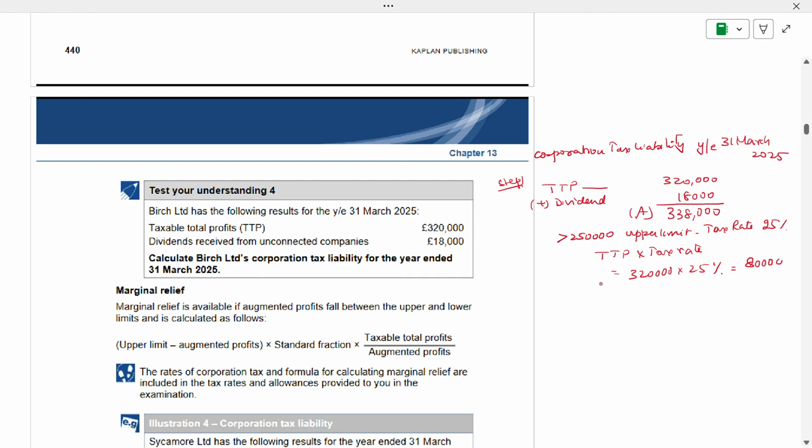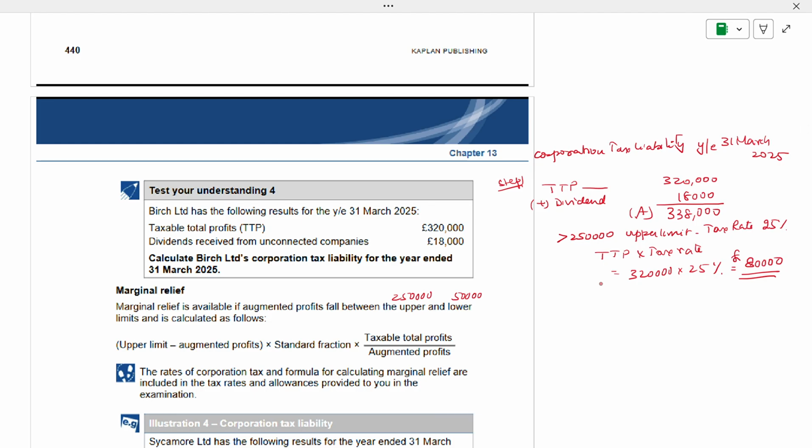Now TTP times tax rate. 320 times 25%. How much is there? 80,000.